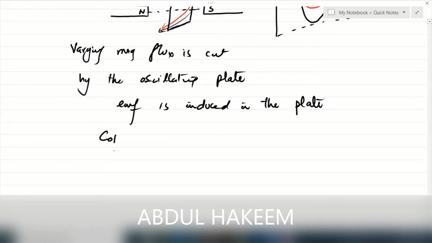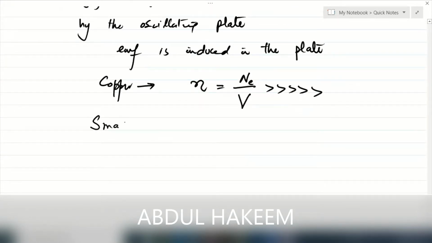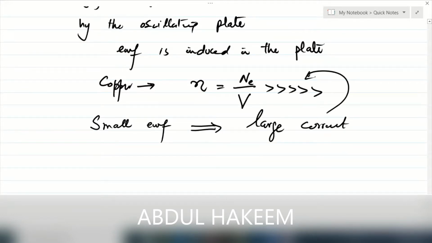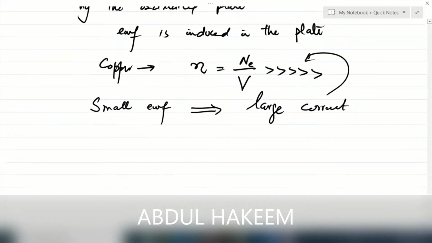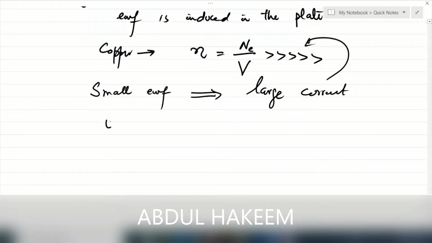Now the plate is of copper, which has a very high number density of electrons. The number of electrons per unit volume is too large. So a small EMF will induce a large current due to the large number density of the electrons. So this induced current is large in magnitude.